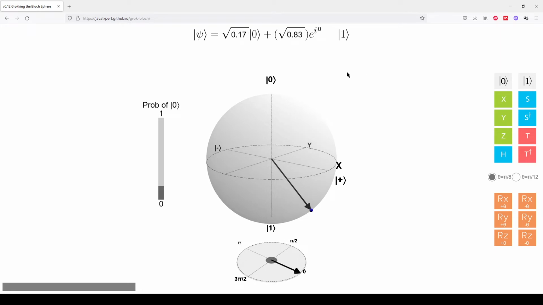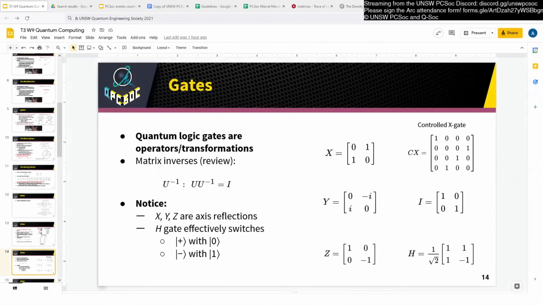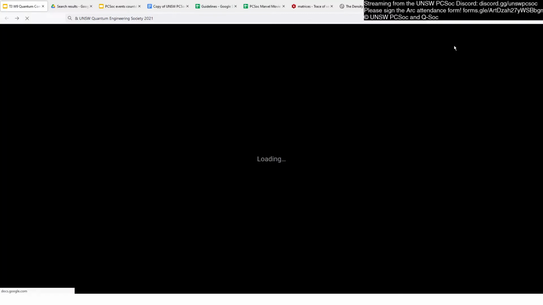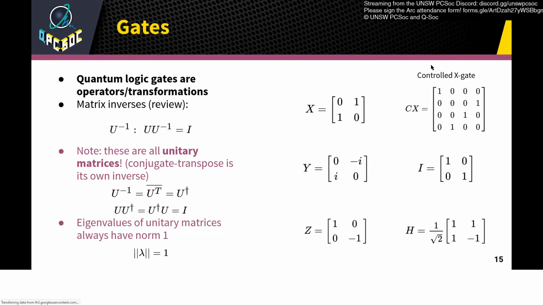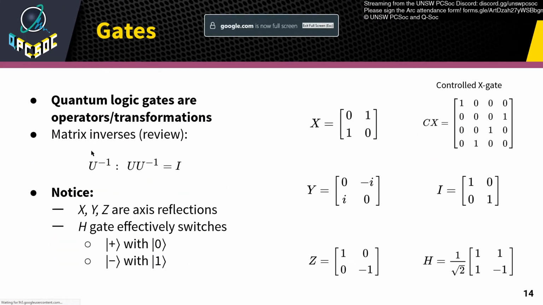So we think of quantum gates as just geometrical transformations, and indeed that's what they are. Transformations in maths can be written as a matrix. We've seen that if we apply each gate twice, it goes back to the original.